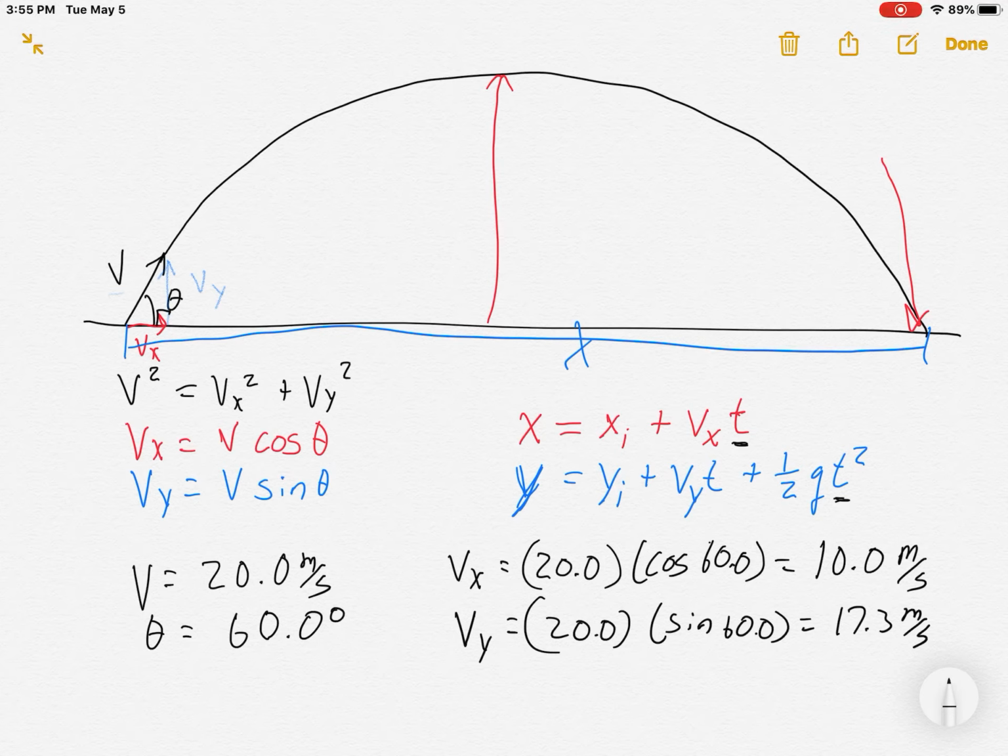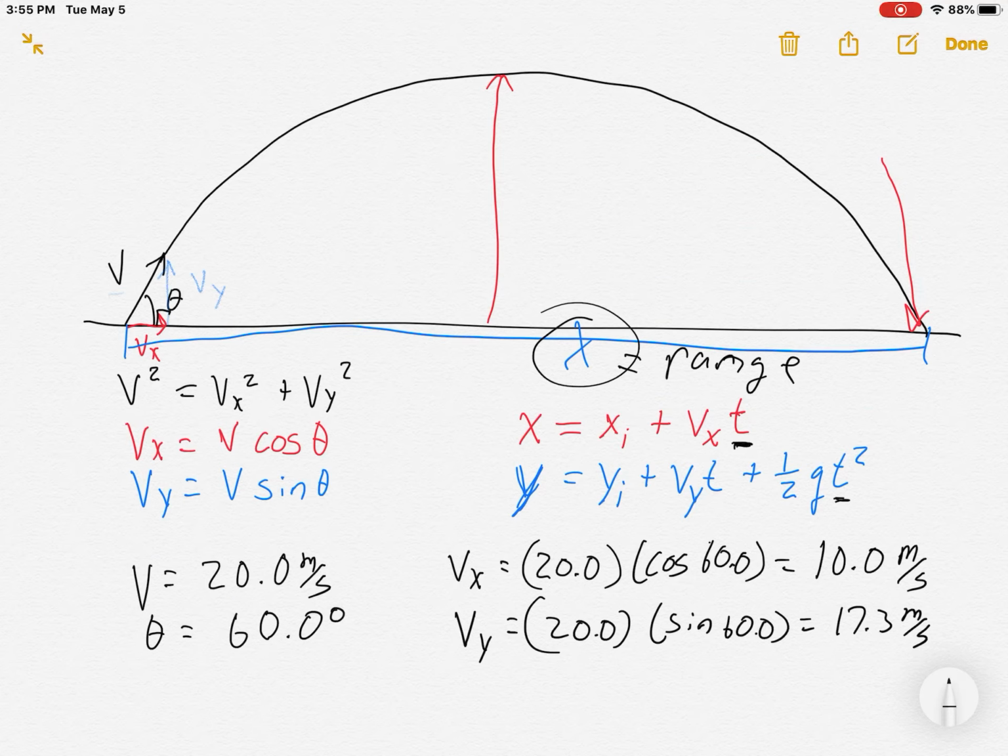So now, here's where it gets maybe a little bit tricky, because now what we're trying to find out is what is the range. Range basically just means x, right? So range means, how far does it travel? Or the target distance, or whatever you want to call it. It's the horizontal distance.